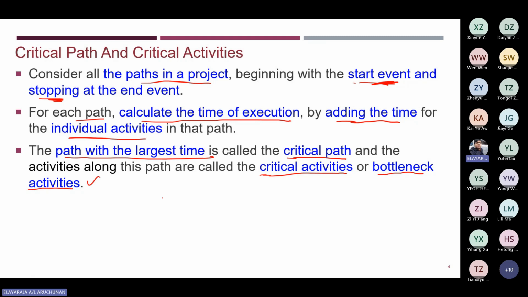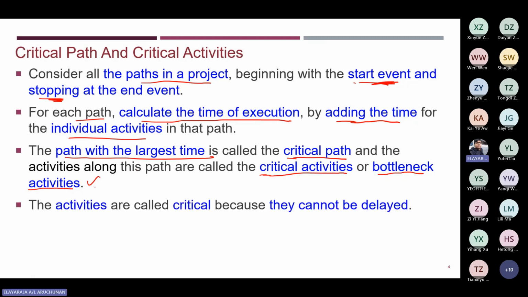You need to understand that the activities are called critical because they cannot be delayed. This is important because each critical activity has a specific time in which it must be completed. Any delay will affect the entire project.